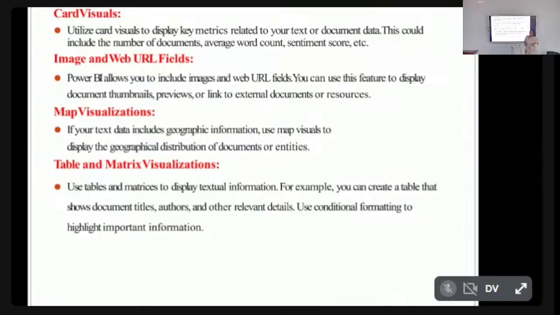Next one, the last one: table and matrix visualizations. So you have an ordered list of terms, and under that you get all these: card visuals, map visualization, table and matrix visualization.